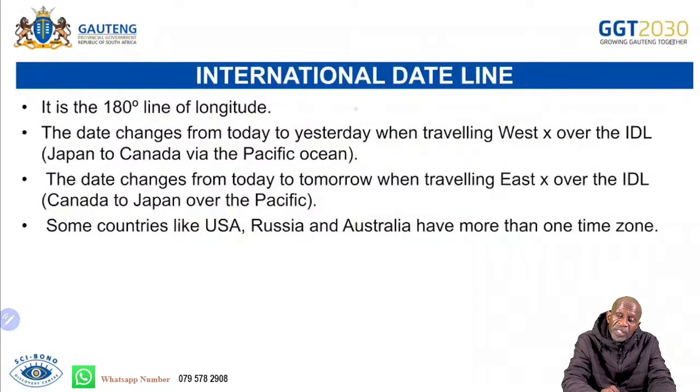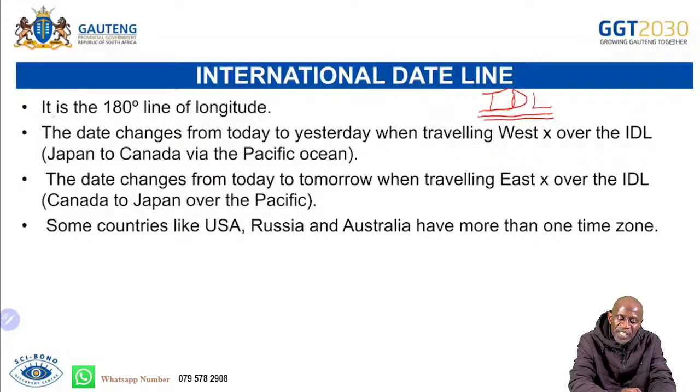Another line which is important for you to learn and understand its importance when dealing with time zones is the international date line, and in short, it is referred to as the IDL. This is the correct acronym for this important line of longitude. So it is the 180 degrees line of longitude.